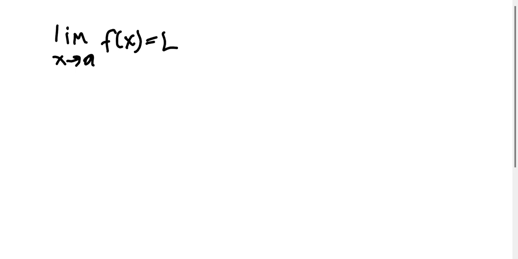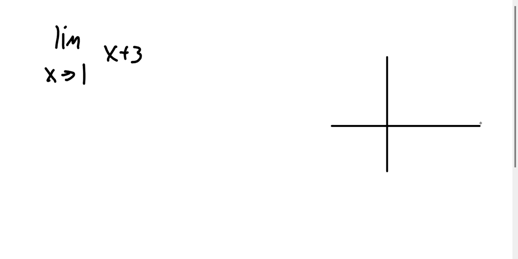So, let's draw a graph to show exactly what this is trying to solve. Let's say we have the limit as x approaches just some number, 1, of x plus 3. So, what we're saying is that we have a graph like this, and let's plot x plus 3.